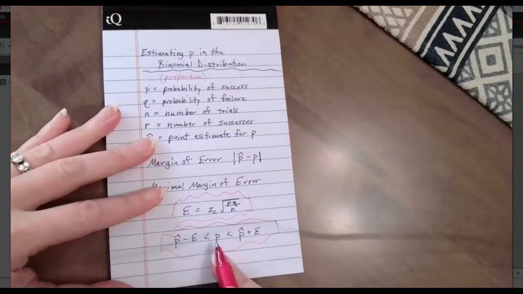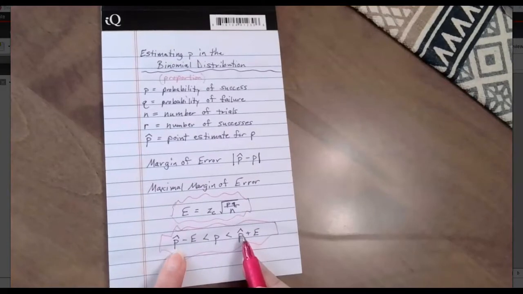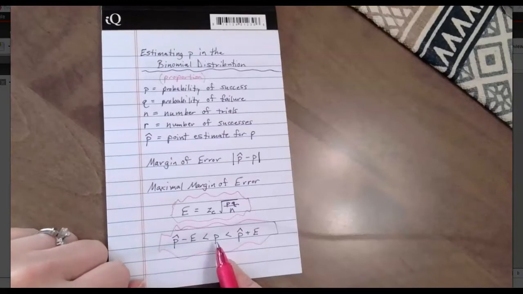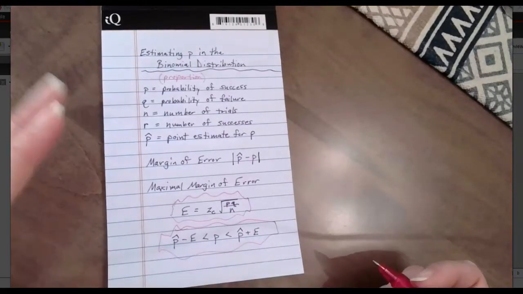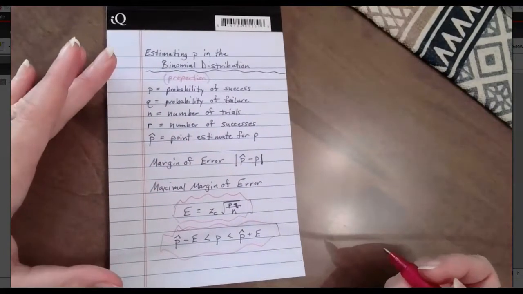We are going to say that there's an interval going on here, and I can find that interval by using P hat as the estimate. And if I do P hat plus my margin of error, there's the high end of the interval. And if I do P hat minus the margin of error, there's the low end of my interval. And then we are a certain amount confident that our proportion is truly between those values. So a ton of similarity to the work that we have seen working with finding mu and estimates for mu.